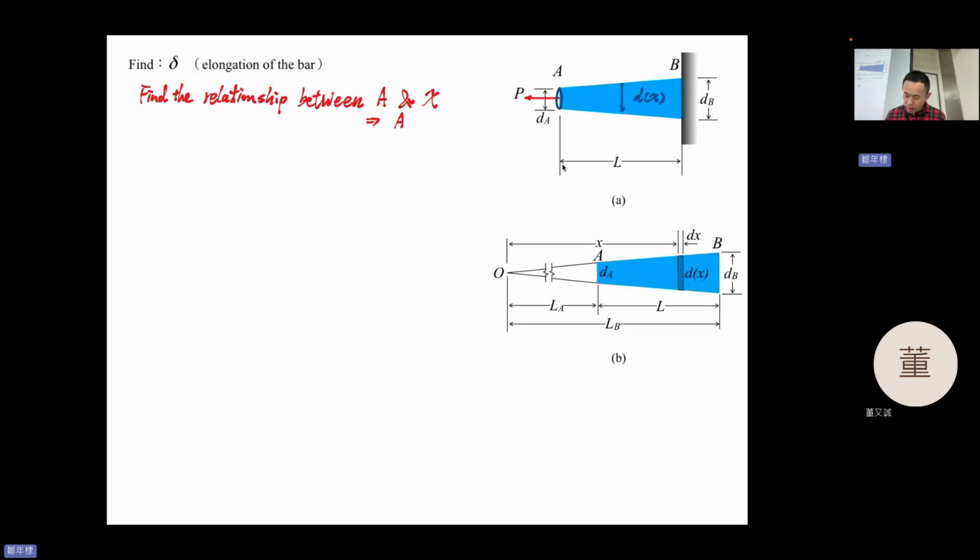Before we find that, we need to find d(x). That's exactly what I wrote here. We want to get how the diameter varies along the x direction. Okay, so let's take a look.